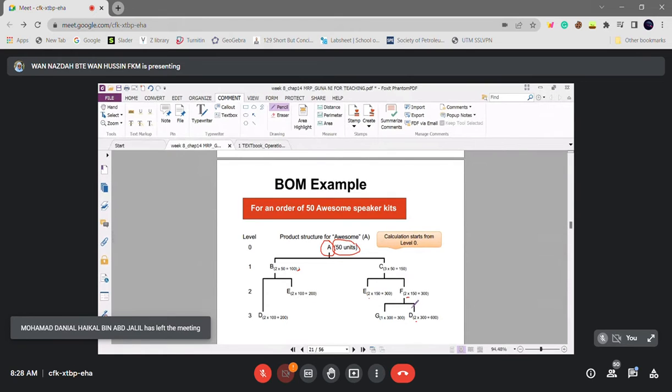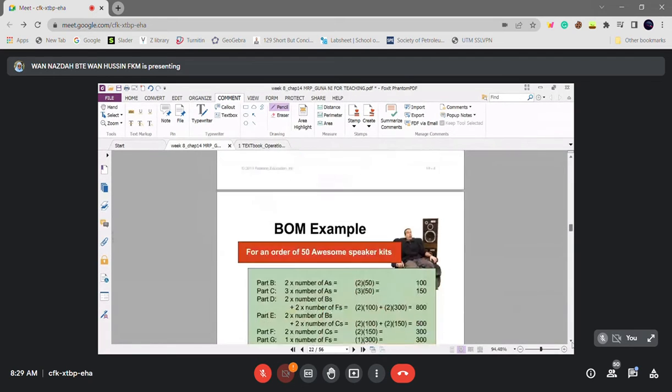So there are two different types of calculation if you want to determine the total number of components for every level. This is one type of calculation, where you determine it on the product structure, and another one you can do this kind of calculation.